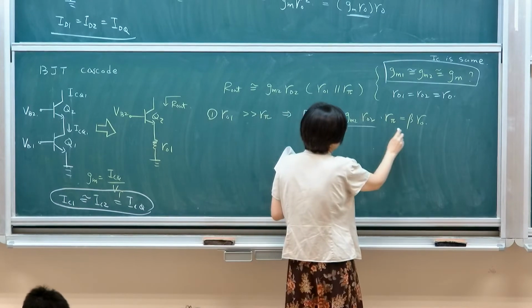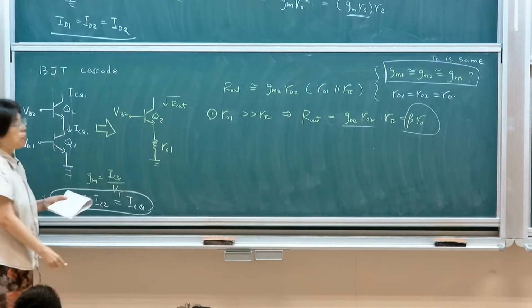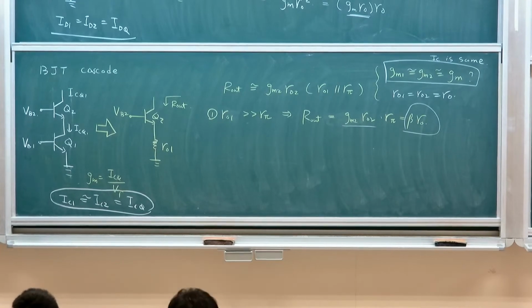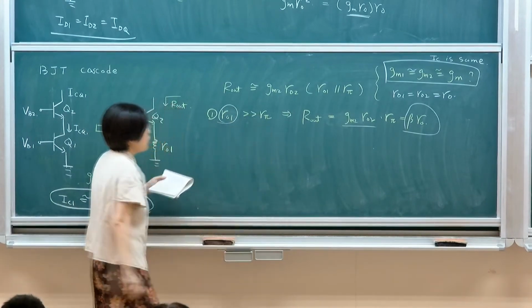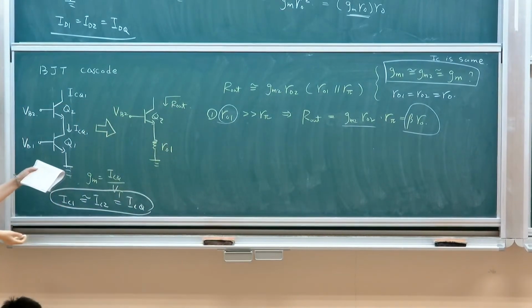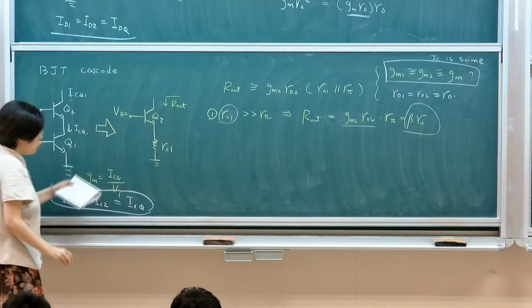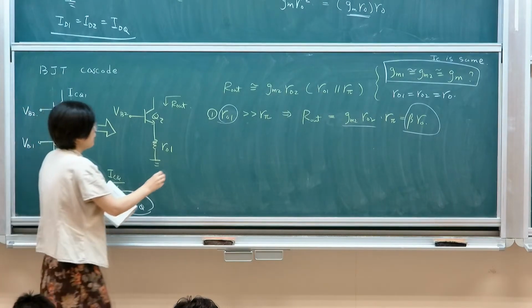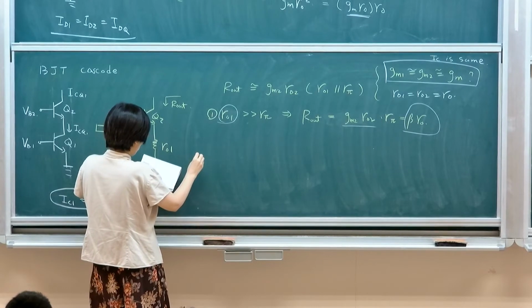So GM1 equals, so you get this result. And this is typically the case because my early voltage or my RO1 is much larger than beta. That is typically true. OK? So what happened is that this would then lead to your overall output resistance.